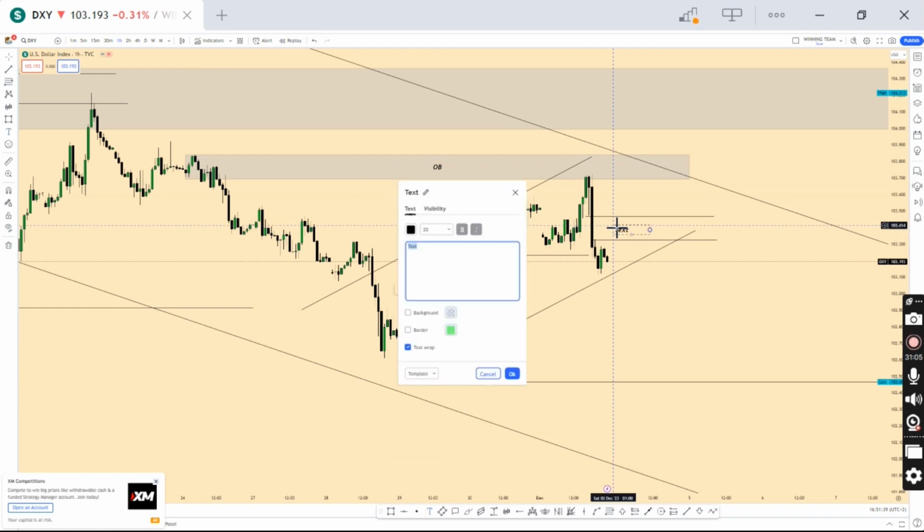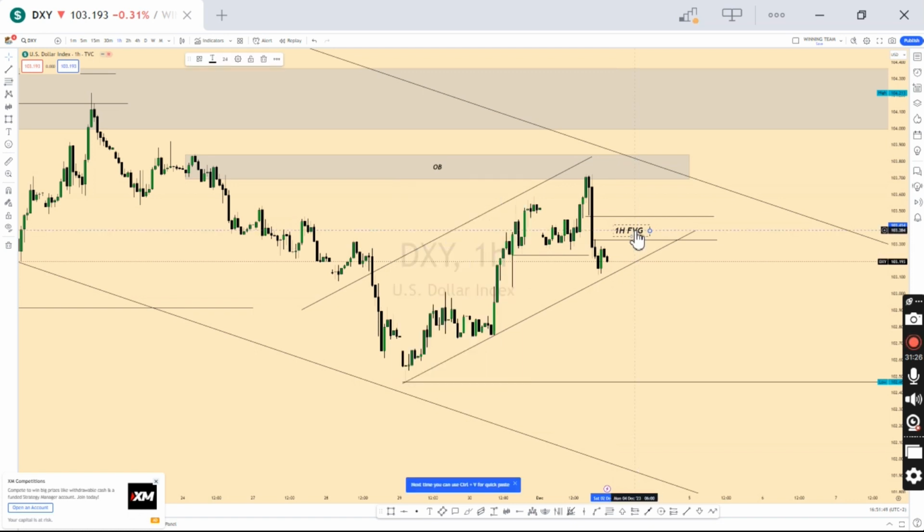Okay, so on one edge we have a fair value gap. So we're going to mitigate that gap there, guys. Okay, we have to fill in the gap before we continue below.